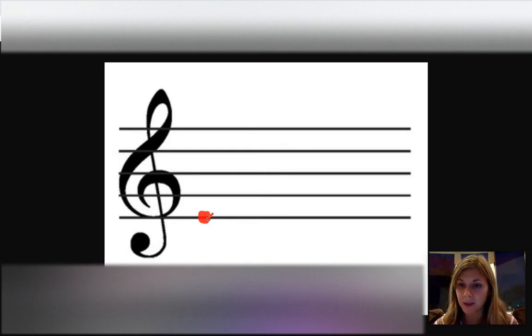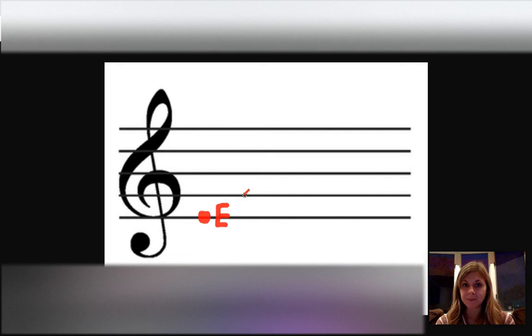What word did I stop on? I stopped on the word every, and every starts with what letter? E, and is E in our musical alphabet? You bet it is, so we write E. So that first line in my treble clef staff is always the note E.